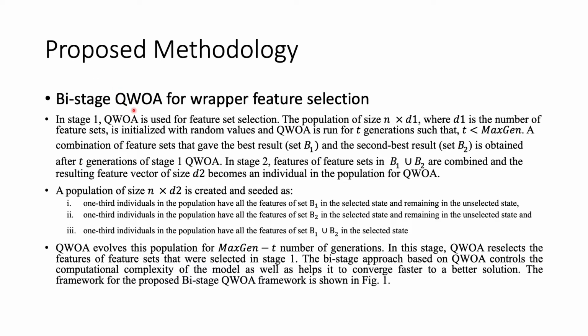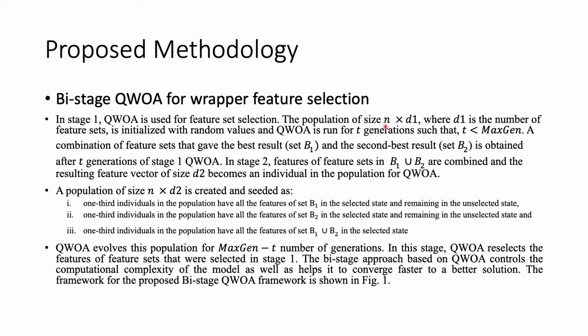So this is the bi-stage QWOA approach that we have used. It is a wrapper method as it uses the SVM or LDA method to compute the performance of the selected features. In stage 1, QWOA is used for only feature set selection.